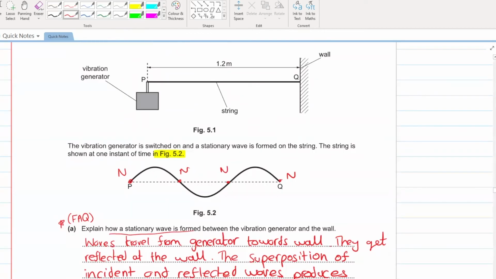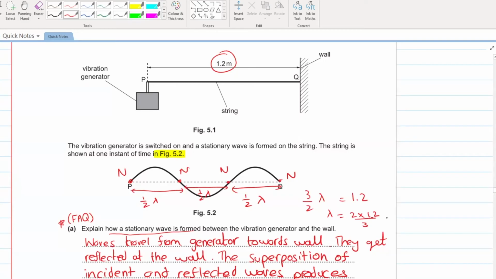Beta, in a stationary wave, those points whose displacement is minimum are known as nodes. So these are the nodes. Now what will be the distance from node to node? Half lambda. Again, distance from node to node is half lambda. The total will be 3 over 2 lambda, which is equal to 1.2 meters. Lambda will be equal to what? 2 into 1.2 divided by 3.